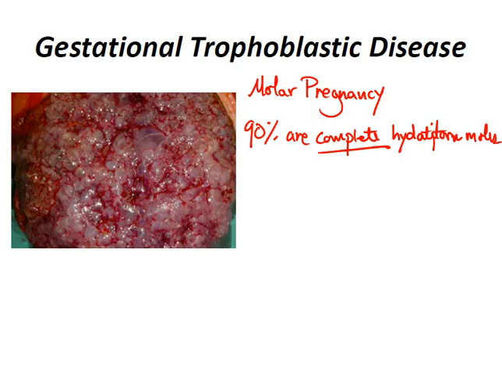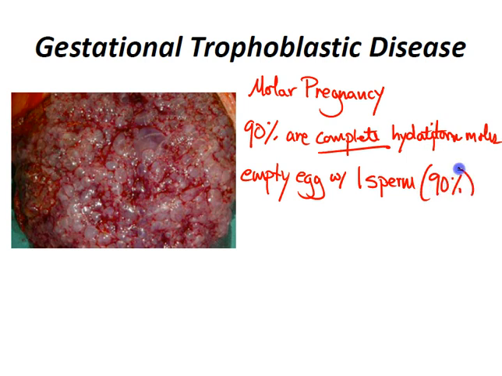So I'm going with the 90% every time: an empty egg by one sperm. 10% of the time it'll be an empty egg by two sperm. I always thought that it was always two sperm, but no, that's only 10% of the time.